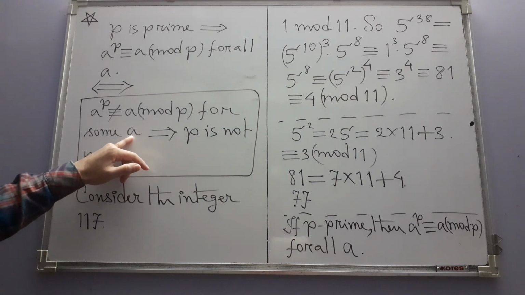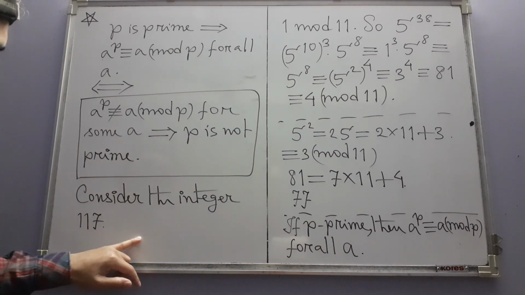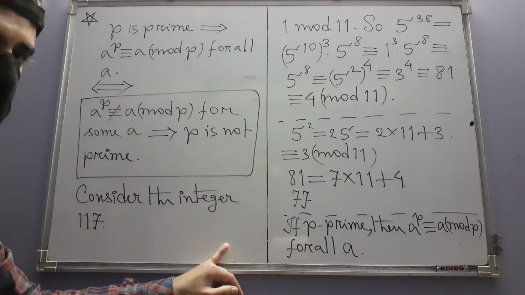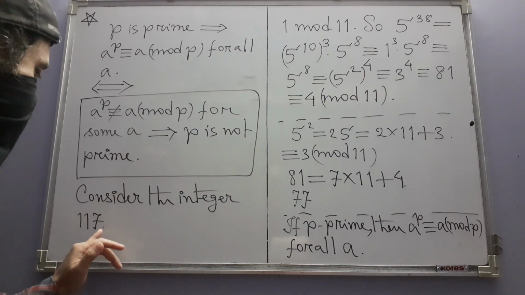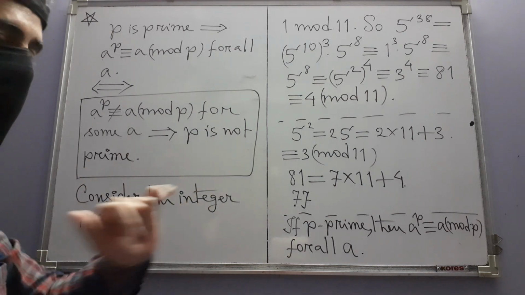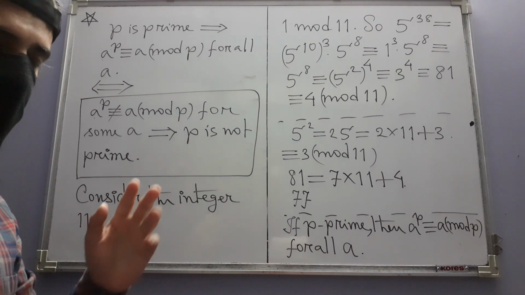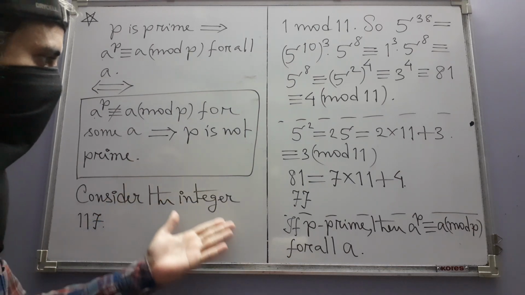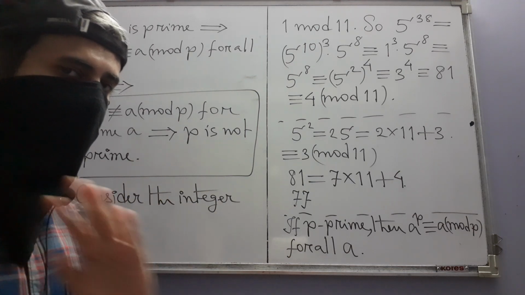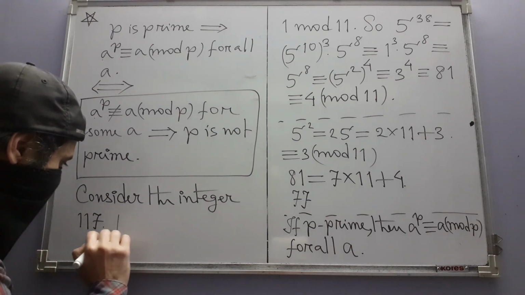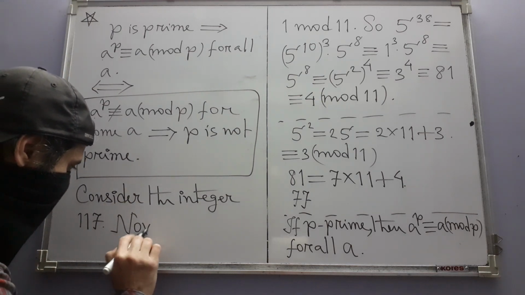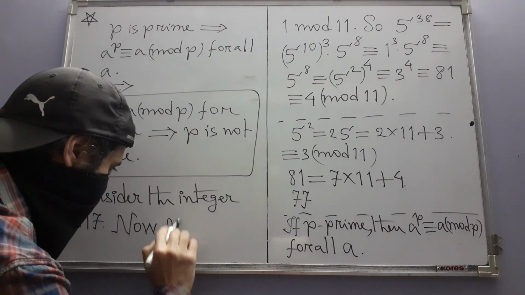So what shall we choose for A? The author has taken A equal to 2. That means we now have to calculate 2 to the power 117. If we can somehow show that that is not congruent to 2 modulo 117, then the above logic will tell us that 117 is not prime. So let's see what we can do.